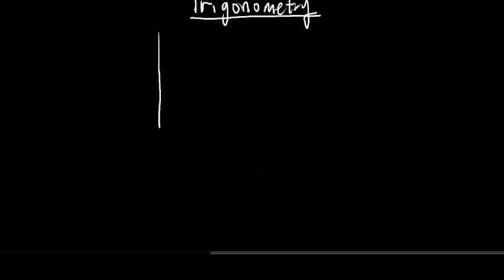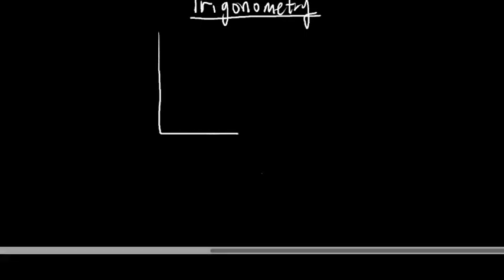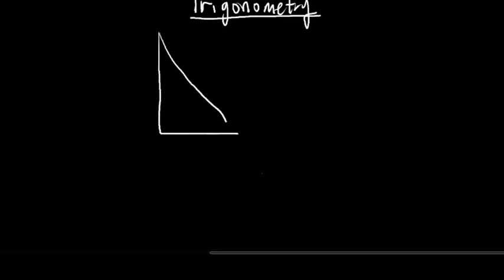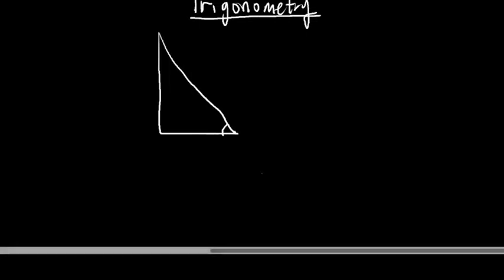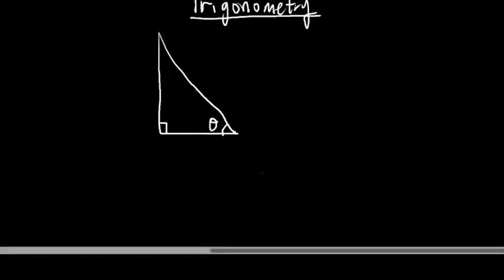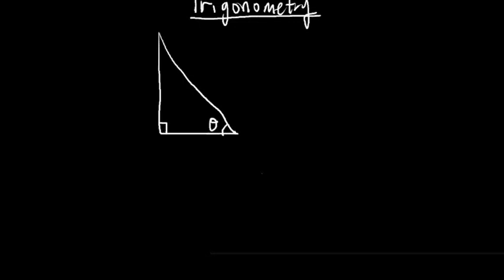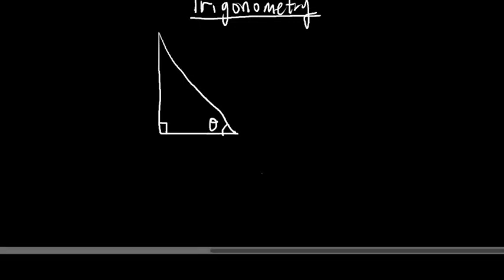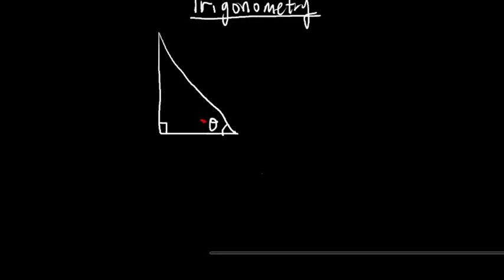Now we are dealing with a right angle triangle. Let me call this theta. This is right angle. Now this is my angle. My angle is facing here.